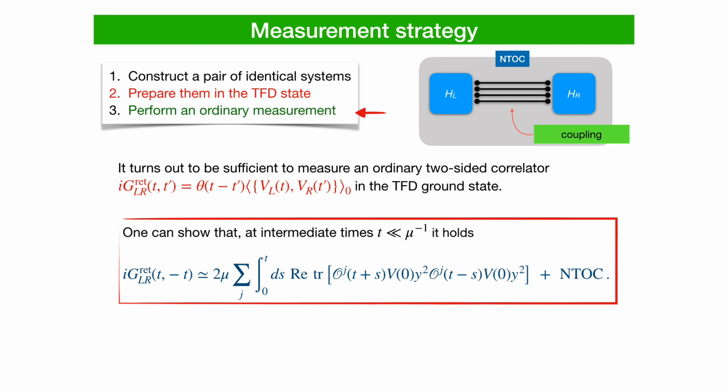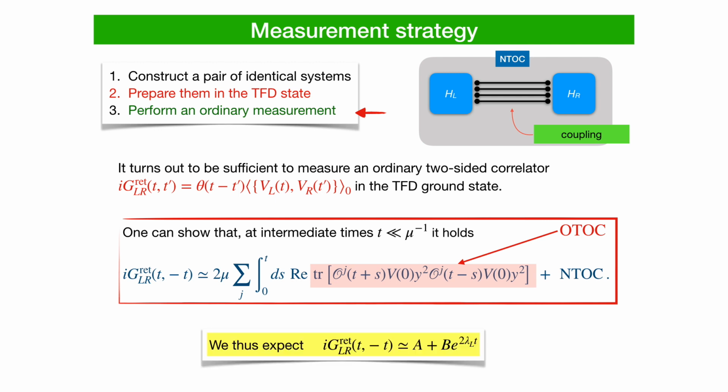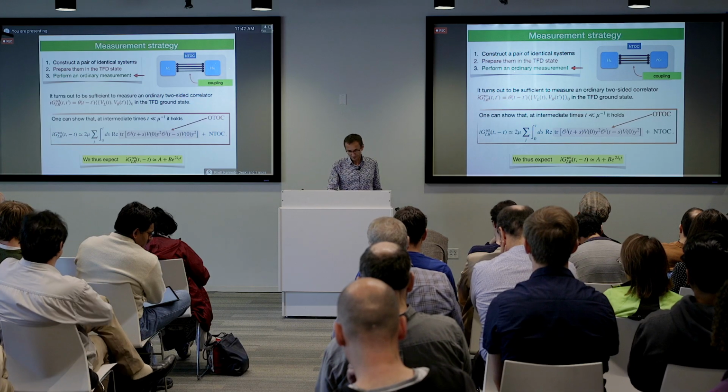And you do that measurement in the ground state. It turns out that if you expand this in short times, this ordinary left-right correlator contains an OTOC, out-of-time order correlator, contribution in this expansion, and therefore one could actually extract this chaos exponent from just looking at the ordinary retarded correlator between the two systems.